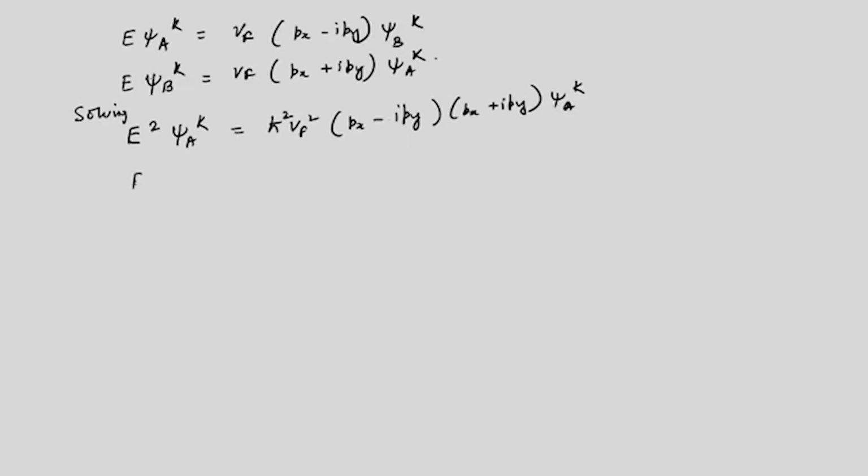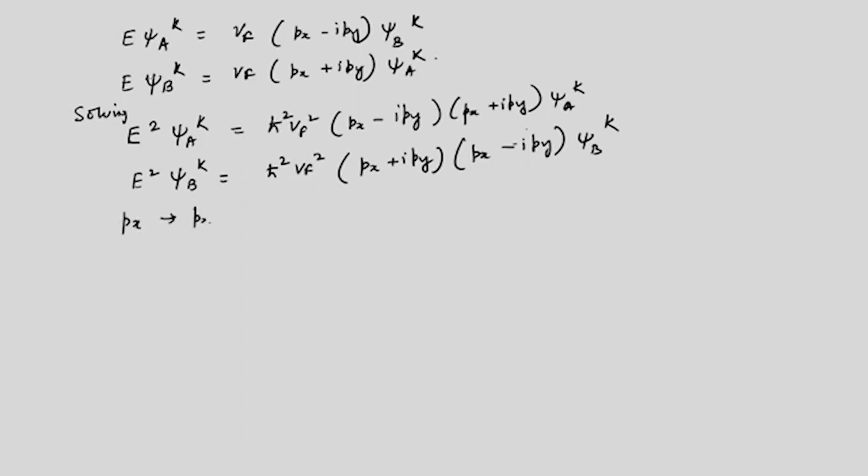So, just simplifying it, E square psi B K is equal to h cross square Vf square (px plus i py)(px minus i py) psi B K. So, now we get 2 equations, and these 2 equations can be solved. What we do is change px to px plus eBy. I am just using a different gauge, the same as the Landau gauge, where we are changing px to px plus eBy.